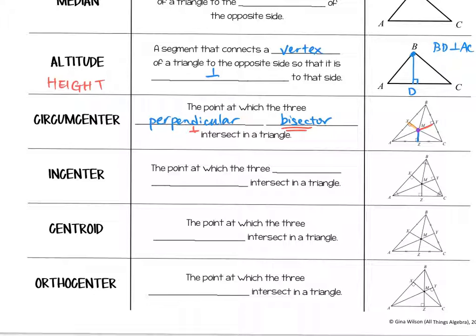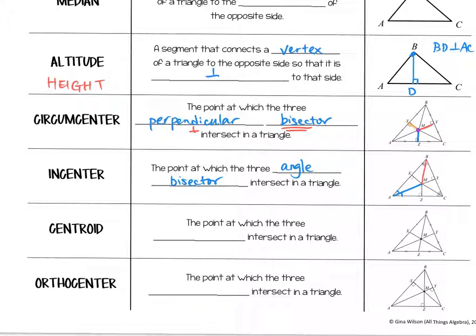Now, circumcenter is not to be confused with incenter. Incenter is the point at which the three angle bisectors intersect in the triangle. Let's look at AM. It cuts this angle in half. Now let's look at BM.